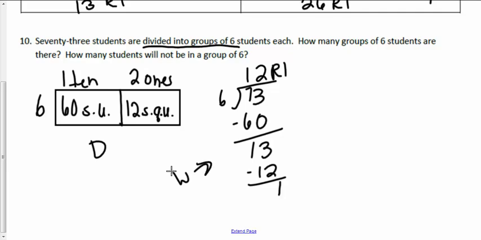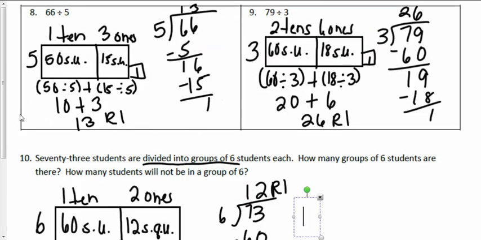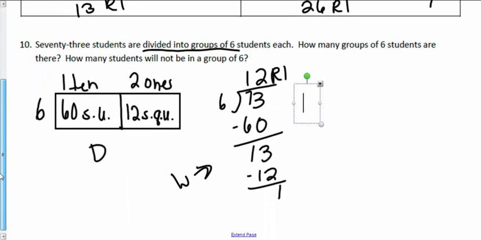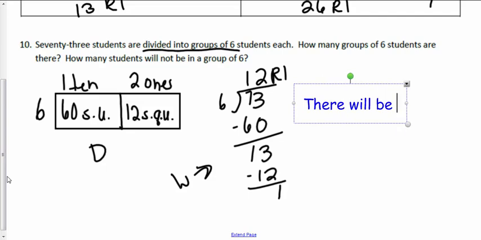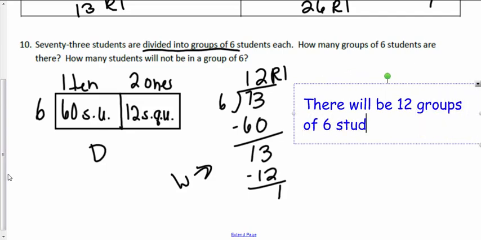Now I've got to write this as a statement. How many groups of 6 students are there? Well, there would be 12 groups of 6 students. So I'm going to type that. I'm going to say, there will be 12 groups of 6 students.